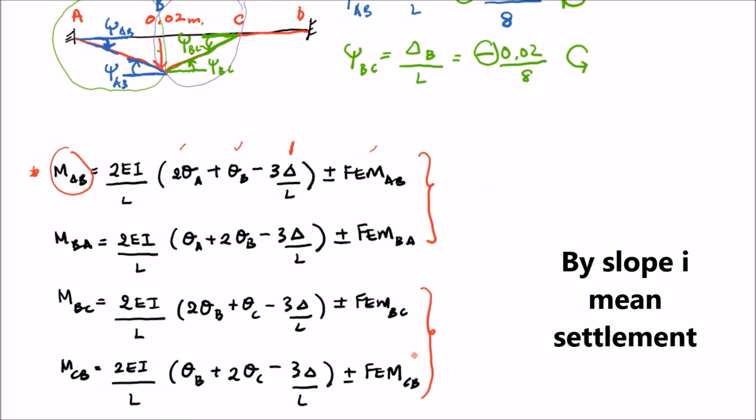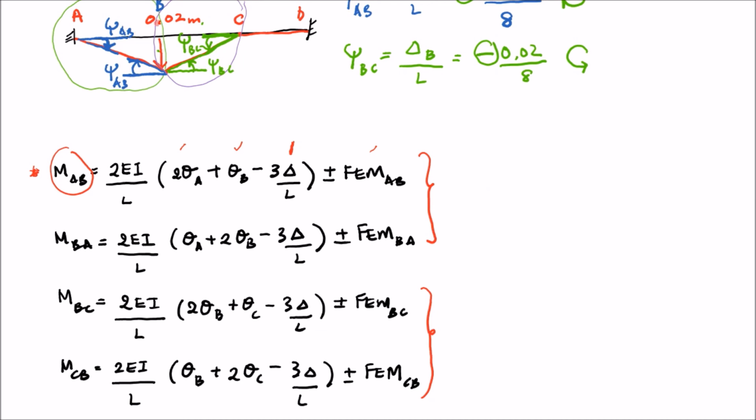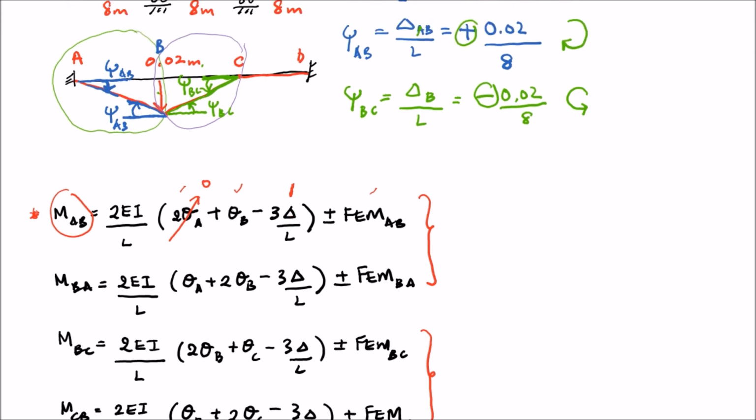For AB, theta A is 0, and delta over L is going to be positive. What you put here is delta 0.02 positive, and L equals 8.